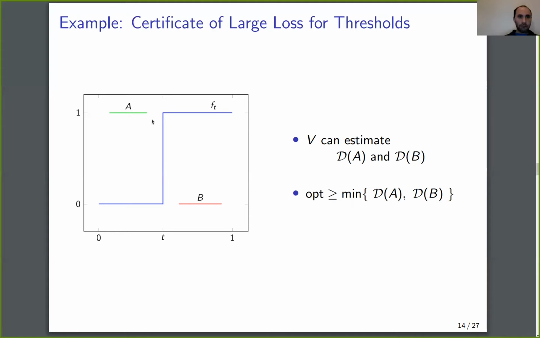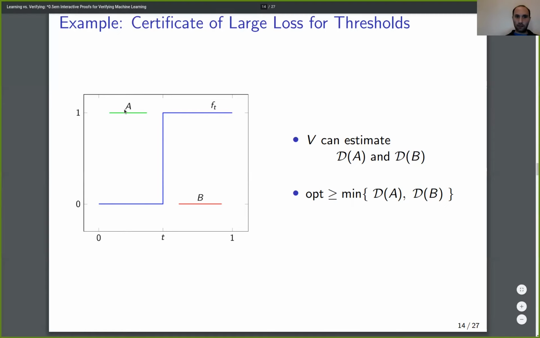Basically, if we have some threshold function and it labels even one point in A correctly, that means the threshold function goes up and labels a point in A correctly. So from that point onwards, everything to the right of that point needs to be also labeled as 1, because everything in A is labeled as 1. So from this point and to the right, everything is labeled 1.